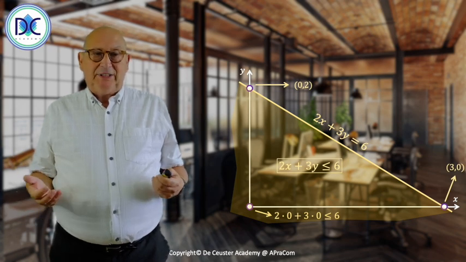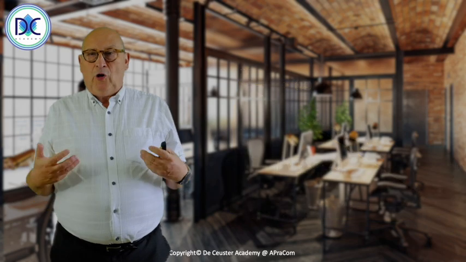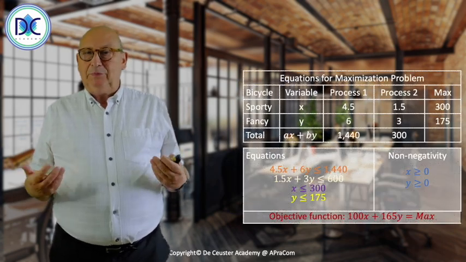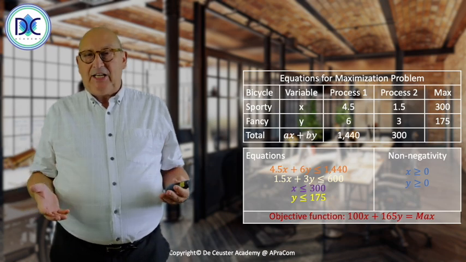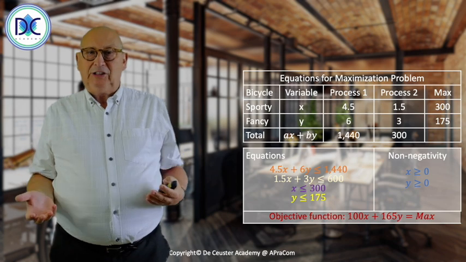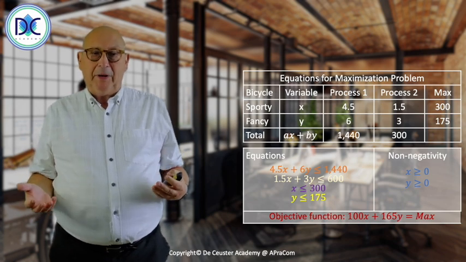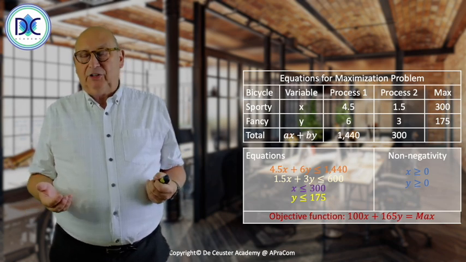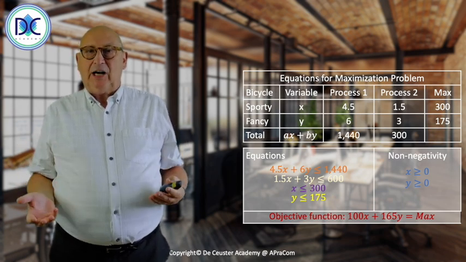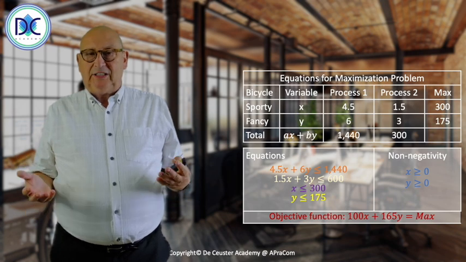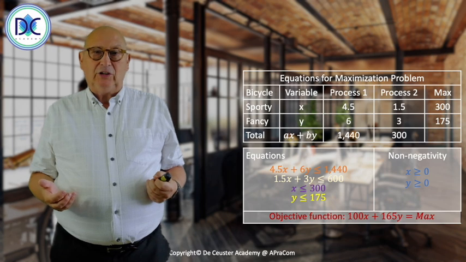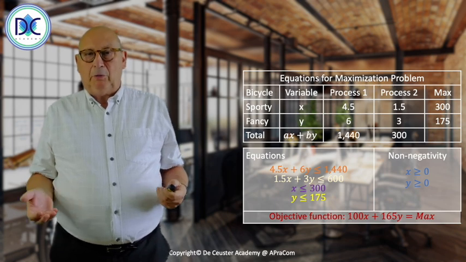The next thing that we did is that we tried to find different equations for maximization and minimization problems. And here we see an example of the results of a maximization problem where we have the different parameters and the different linear inequalities that describe this problem. Also notice that there are non-negativity conditions for this problem.